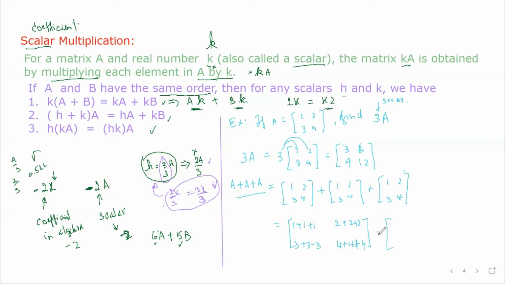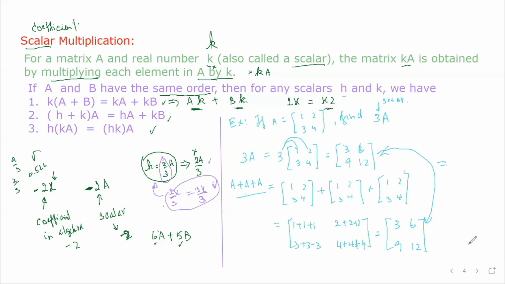Then you simplify: this becomes 3, this 6, this 9, this 12, right? Same answer. So which one is easier? You pick the way you like. You will get the answer anyway.